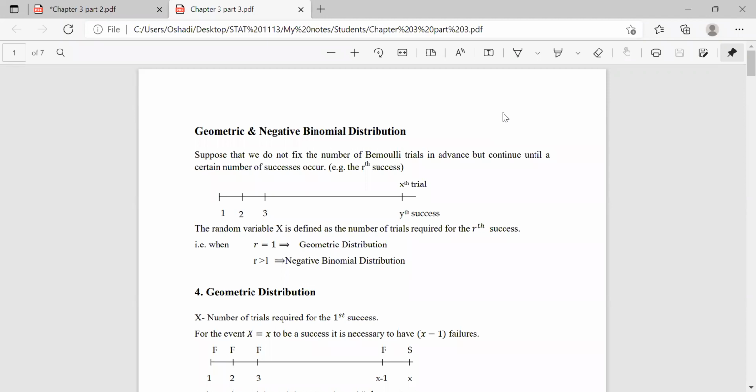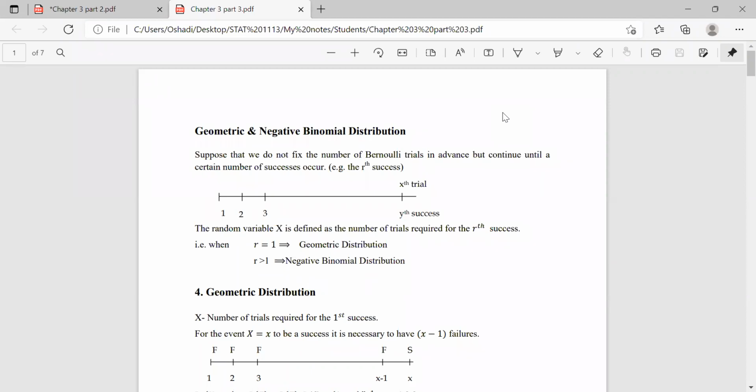Likewise, the number of Bernoulli trials is fixed there, and we are calculating the probability where the number of successes equals some number out of the fixed number of Bernoulli trials. In the binomial distribution, we are discussing that.